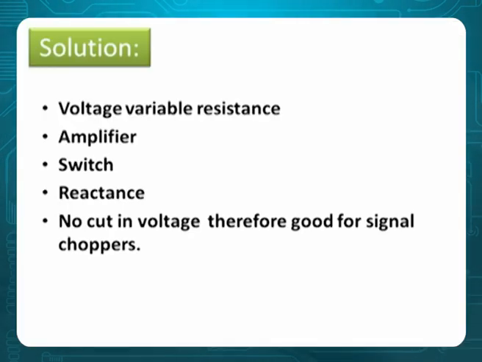In fact, FM direct modulator or FM direct reactance modulator is from FETs. No cut-in voltage, because just like diode 0.6 cut-in voltage, in BJT 0.6 cut-in voltage, but here there is no cut-in voltage. That's why it's good for signal chopping. Chopping means where you want to cut, you can cut it. If it is BJT, you can cut only 0.6 above. If it is a diode, you can only cut 0.6 above. So this is called no cut-in voltage, therefore good for signal chopping.